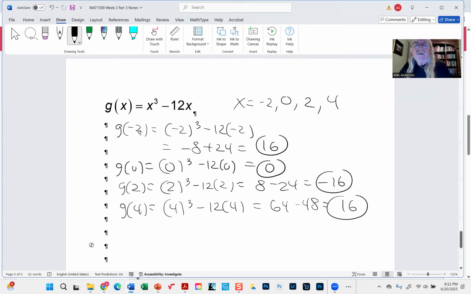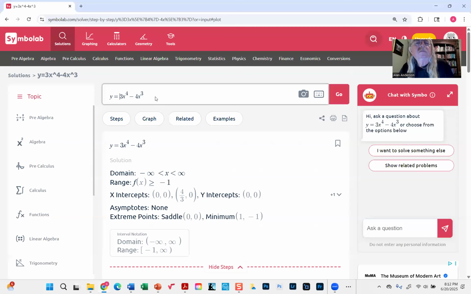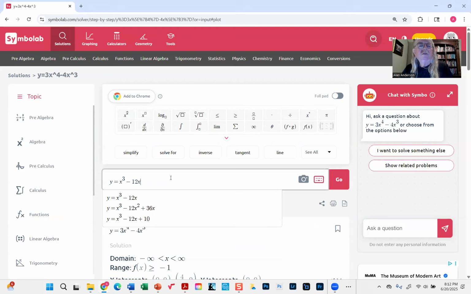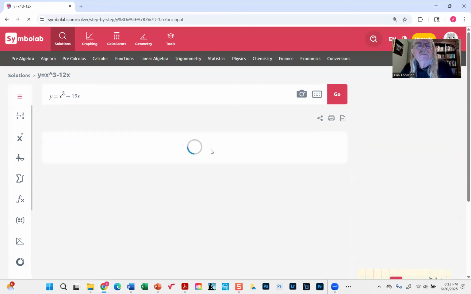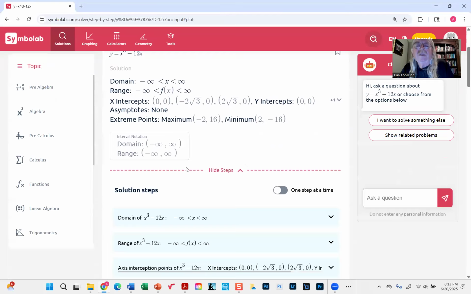Okay, well, that's interesting. In fact, let's take a look at this graph. Okay, so x cubed minus 12x looks like this. Well, there you go.